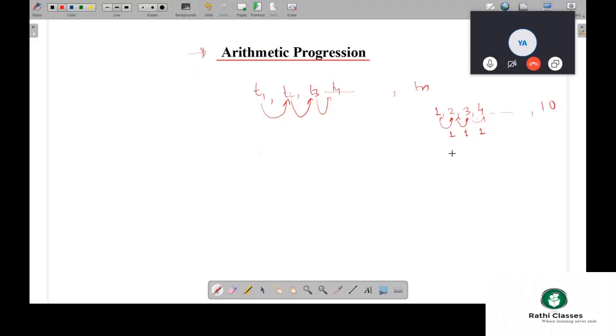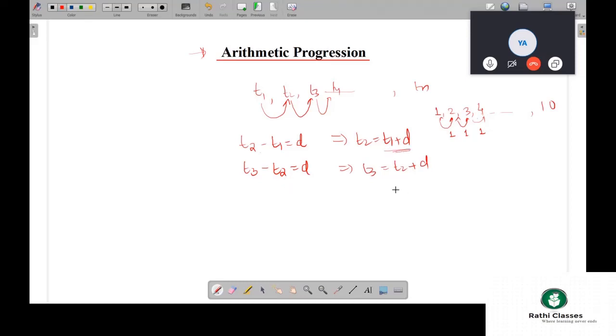Now, if we see the observation, what will we be getting? T2 minus T1 is equal to the common difference. Similarly, T3 minus T2 is equal to the common difference. So it implies T2 equals T1 plus D, T3 equals T2 plus D. But what is T2?